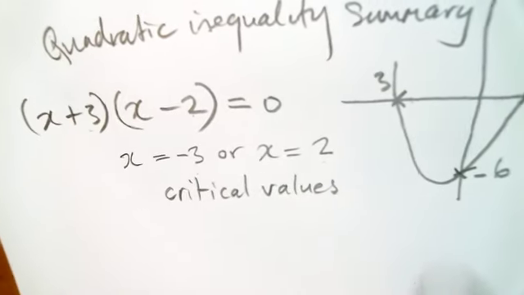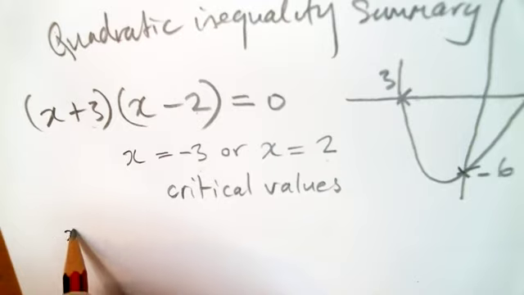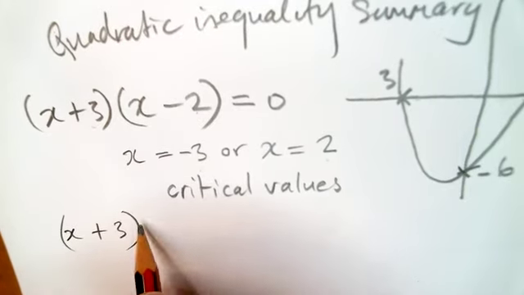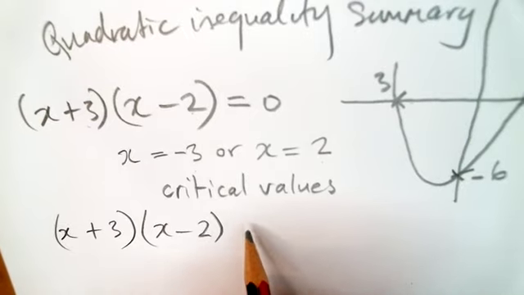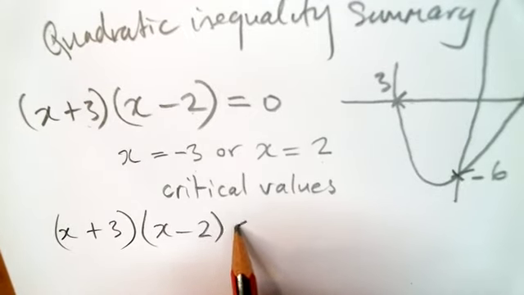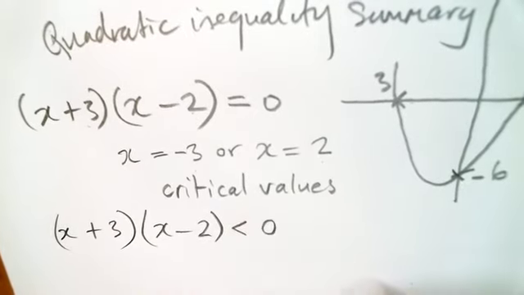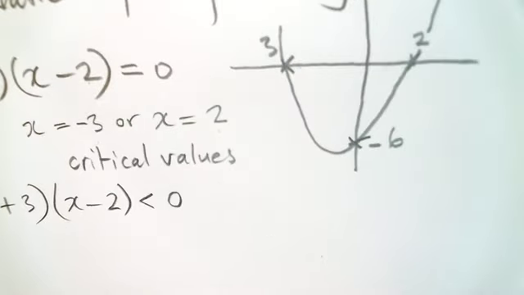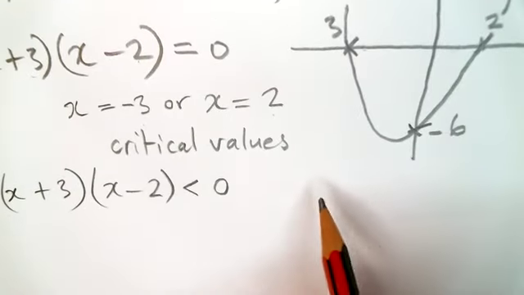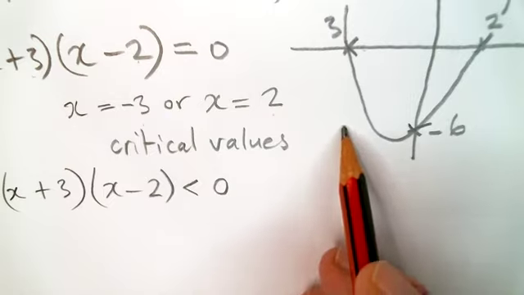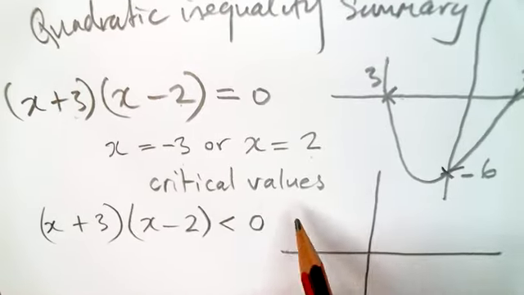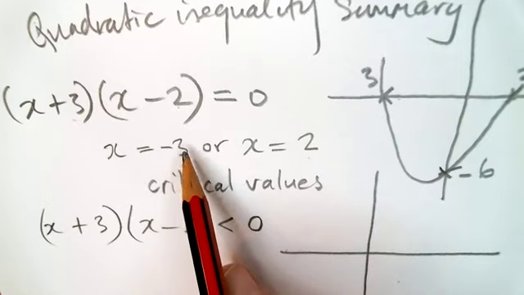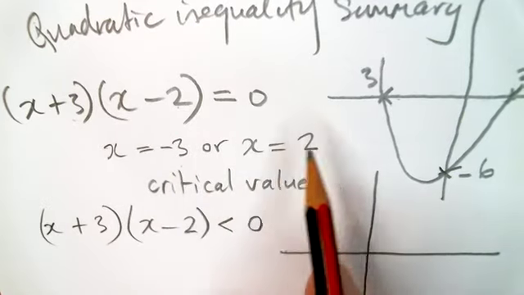So let's change it up a little bit. Let's now say x plus 3, x minus 2, and this time, let's say it is going to be less than 0. Now, if it's going to be less than 0, we're still going to have our parabola. Here it is. We're going to find out what those 2 values are. We're going to literally solve for x in the same way as we did here.